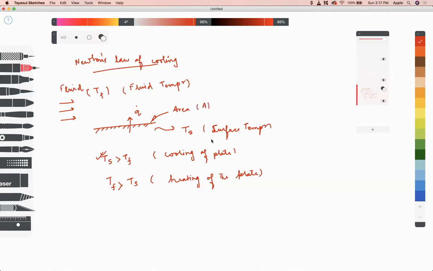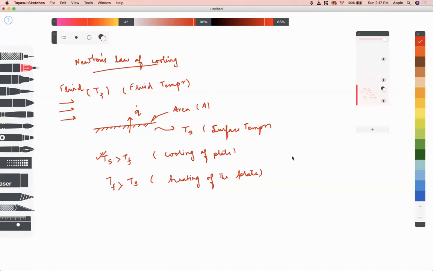Heat flux means heat leaving or coming to a surface per unit area, much like flux in the case of a magnetic field, or light. How many magnetic lines of force pass through an area is called magnetic flux, whereas how much light passes through an area is called flux with respect to light.